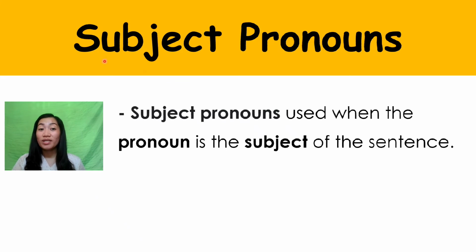When we say subject pronouns, it means the pronouns act as the subject of our sentence. Yes, you heard it right. Subject pronouns are used when the pronoun is the subject of our sentence. Very good.